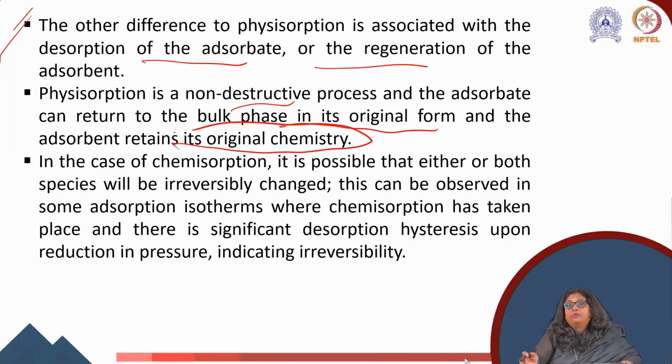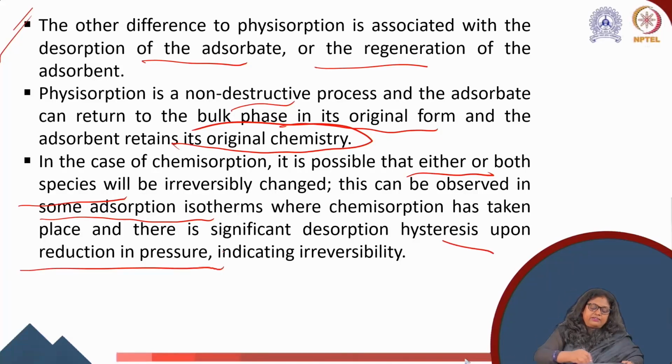In the case of chemisorption, it is possible that either or both species will be irreversibly damaged. This can be observed in some adsorption isotherms where chemisorption has taken place and there is significant desorption hysteresis, or a reduction in pressure, indicating irreversibility.